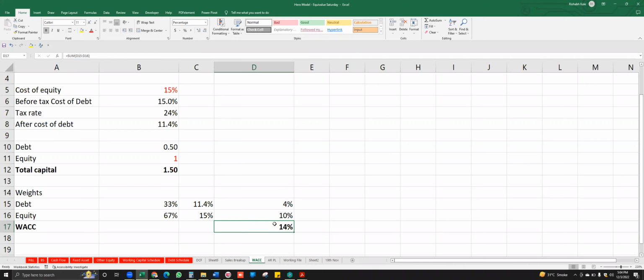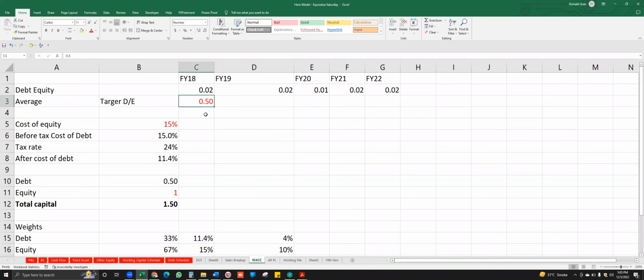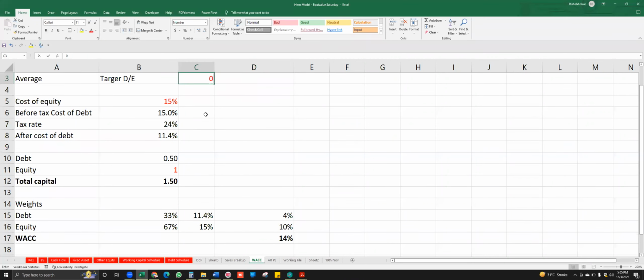WACC will come down because now you are taking a loan that is cheaper than the loan which was expensive. Let's change it to 0.9. See what happens? WACC decreases. Why?